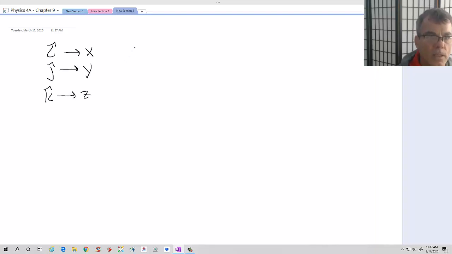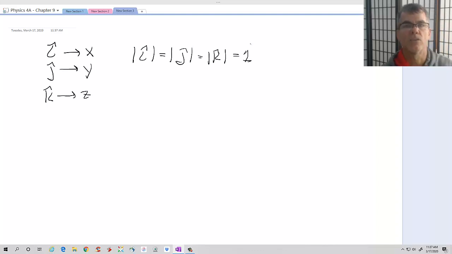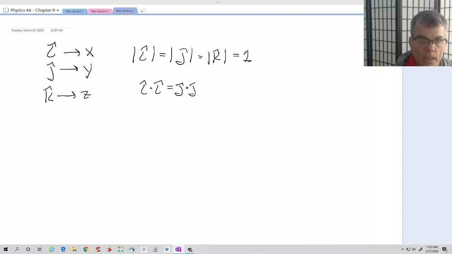And remember, the magnitude of any unit vector is 1 by definition, right? A unit vector points along an axis, has a length of 1, and has no units. Other thing to keep in mind is, if I take the dot product of any unit vector dotted with itself.